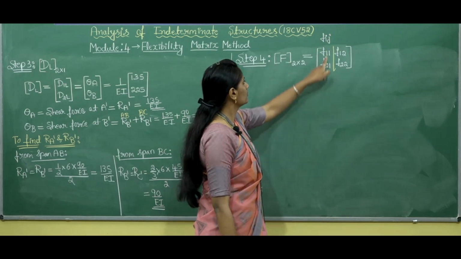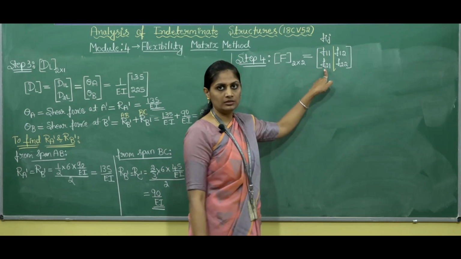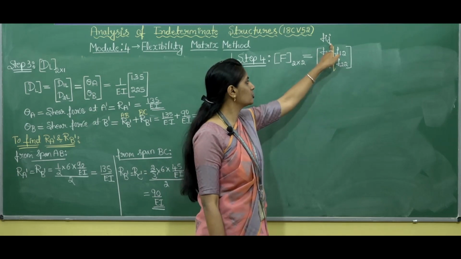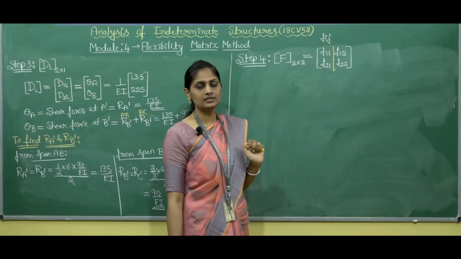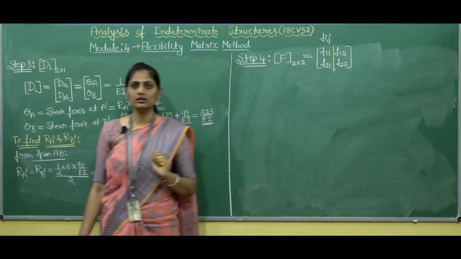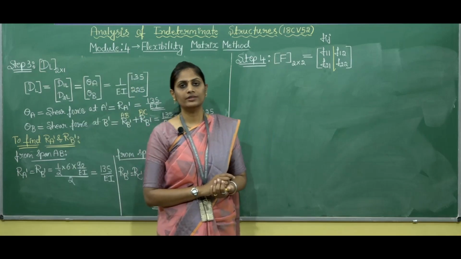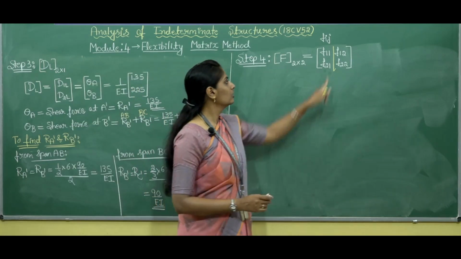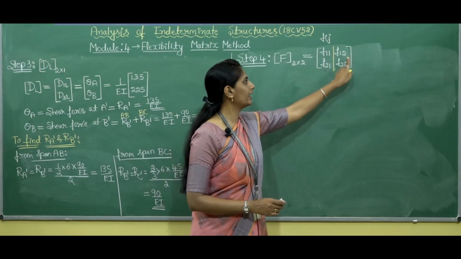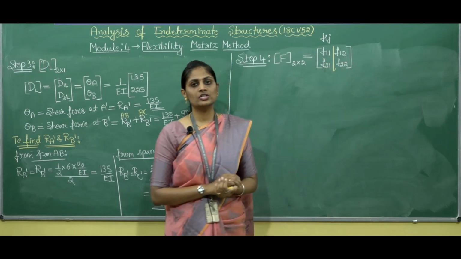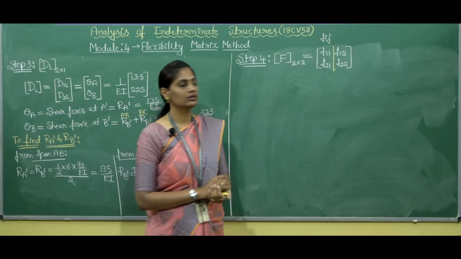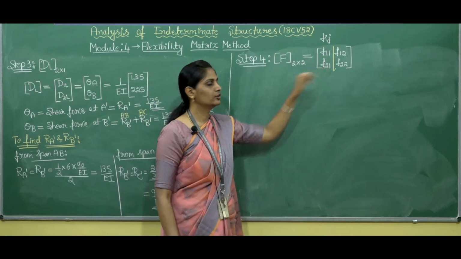The ith row represents displacement and the jth column represents the force along the coordinates. So here we are going to apply the unit forces along the coordinates number 1 and 2, and we shall find the respective displacement along the coordinates 1 and 2.